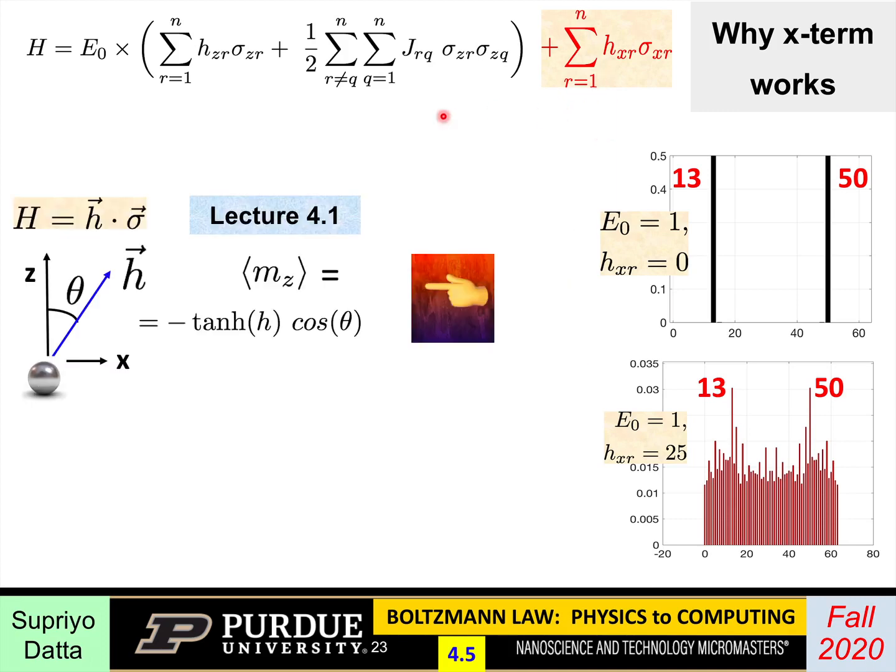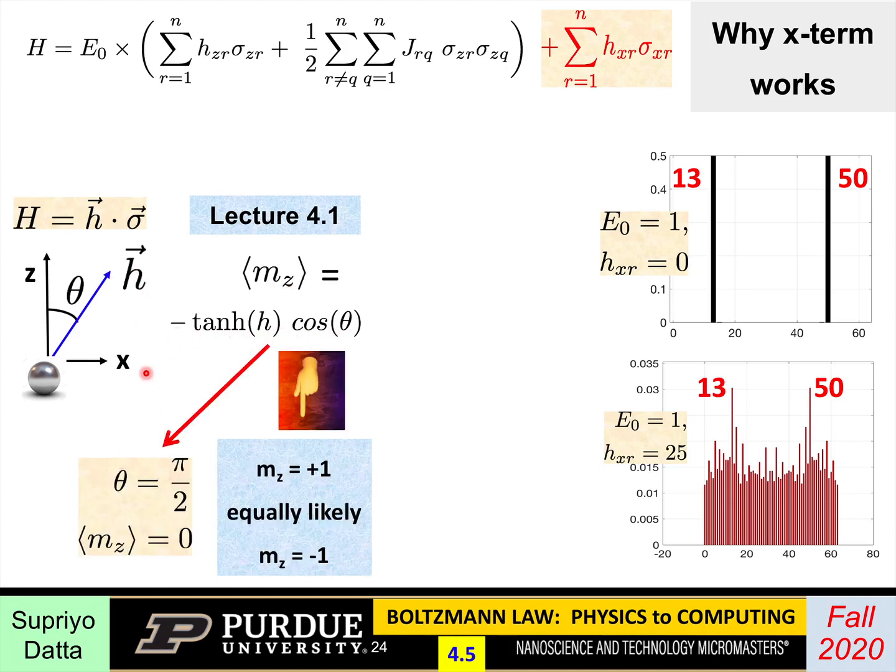Well, one way to think about it is think of what we discussed in lecture 1. We said that if you put an H, then the expectation value of mz is given by tanh of h cosine theta with a minus sign. So if you put an h in the x direction, that corresponds to theta equals 90 degrees, in which case cosine theta being 0, it says that the expectation value of mz is 0.